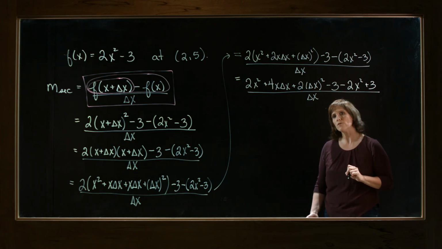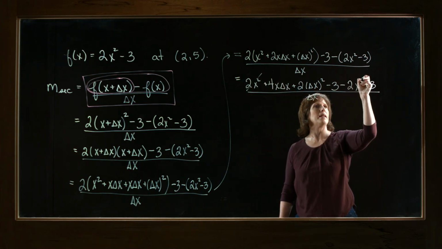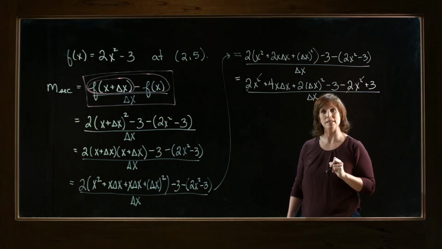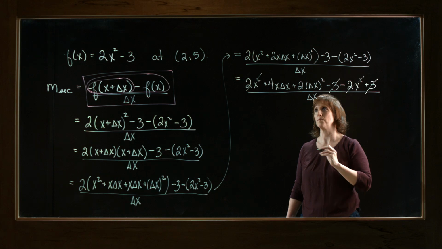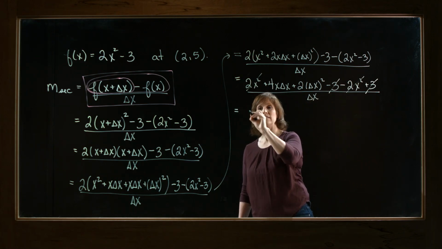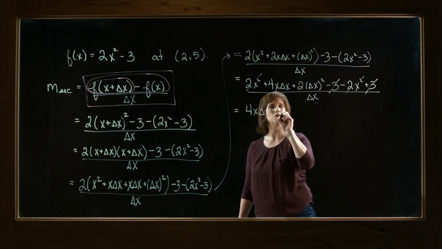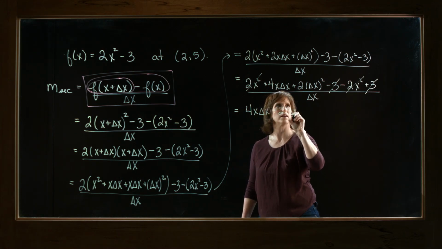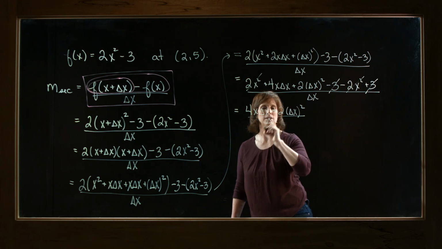Now I notice that I have several terms that I can combine. There's a 2x squared and a minus 2x squared, which will add together to be 0. And in a similar way, I have a minus 3 and a plus 3. That leaves me with 4x delta x plus 2 delta x squared all over delta x.